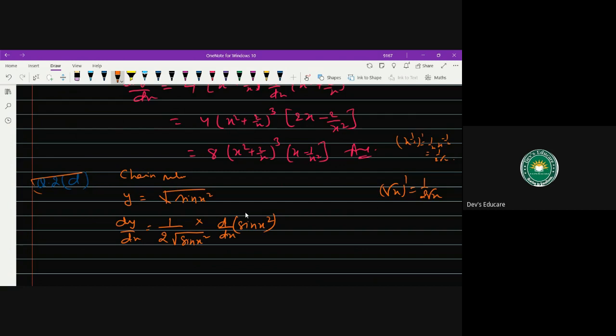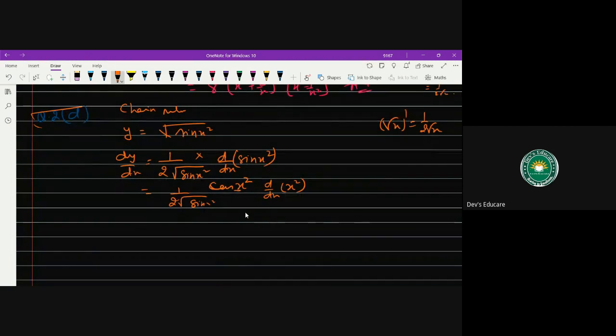Now this will become 1 upon 2 root sine x square, and derivative of sine x is cos x. In place of x we have x square, so we will multiply with the derivative of x square. So finally this becomes cos x square over 2 root sine x square into 2x. So this will be the answer.